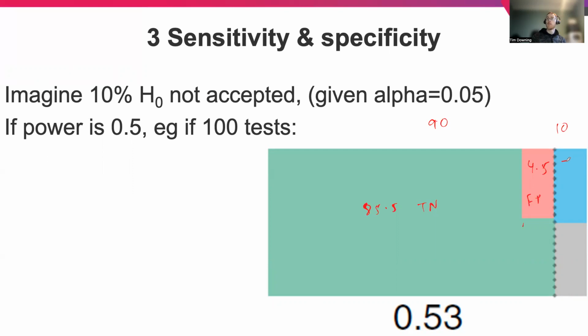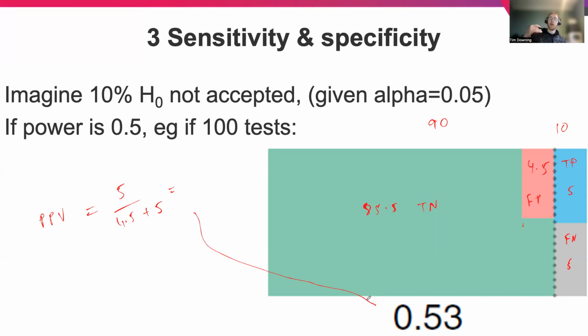And then here we have the true positives. So power is 0.5. So 0.5 by 10 is 5. And this is the remainder, false negatives. So that's 5 again. So that means we can get our PPV is equal to 5 over 4.5, our false positives, plus 5, which is where we get this value down here of 0.53.